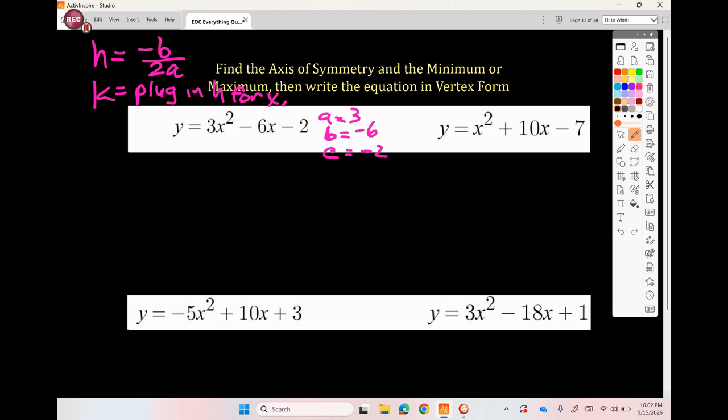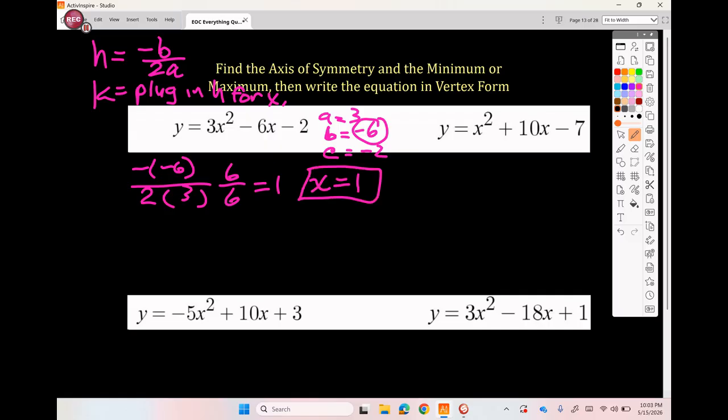So I just have to plug in my b where it's at with the negative next to it already. So it's negative 6 over 2 times the a value, which is 3. So that gives you positive 6 over positive 6, which equals 1. That is your axis of symmetry, but you have to put it in equation format. X equals 1. Don't forget the x.